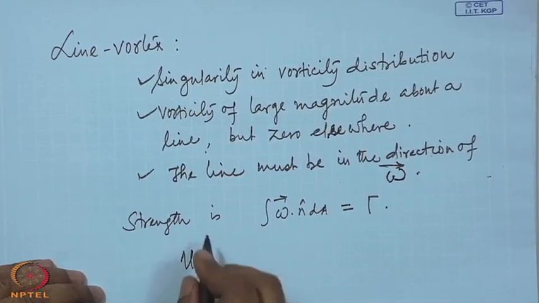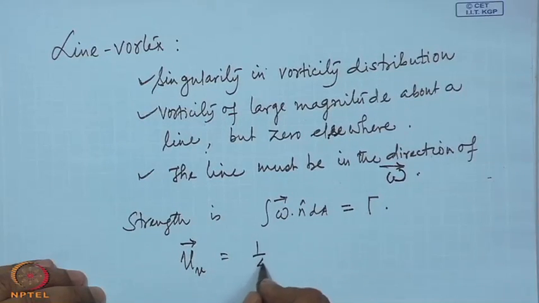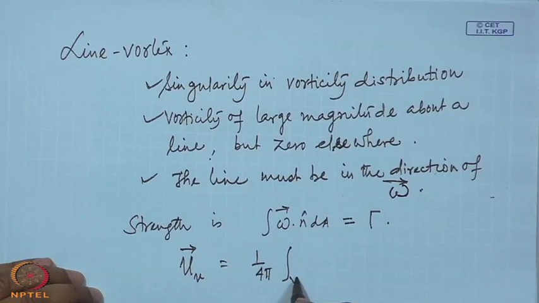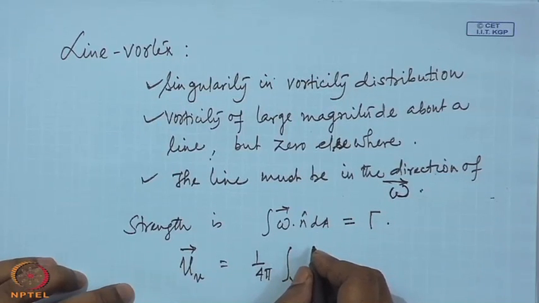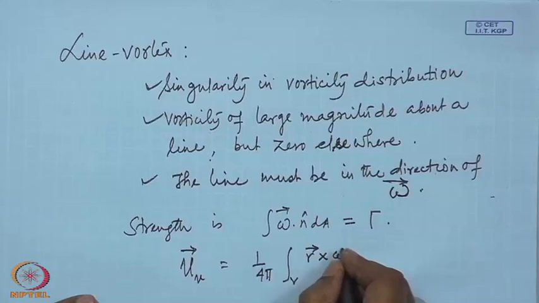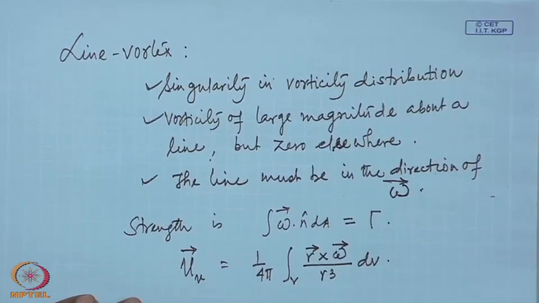u v equal to how much, 1 by 4 pi, integral of r cross omega dv by r cube, with a minus 1 by 4 pi.